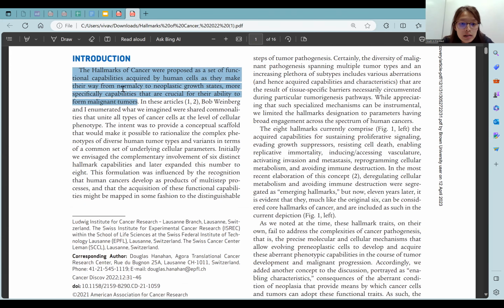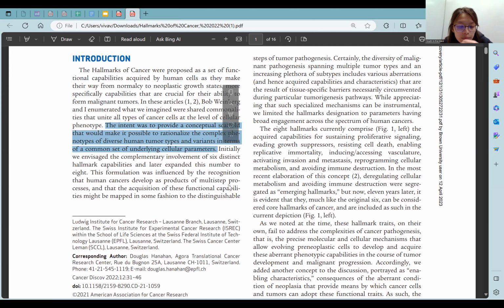I think this first sentence is important for describing what the article discusses. And this sentence I feel is also important. I might not highlight it, I might underline it. This talks about the intention of creating the diagram, to help understand the different types of human tumor cells and how different tumors can have similar characteristics.